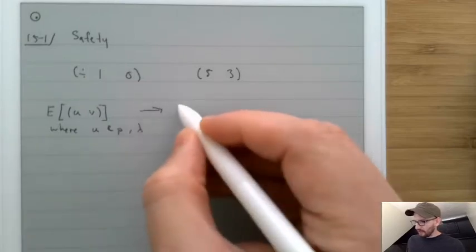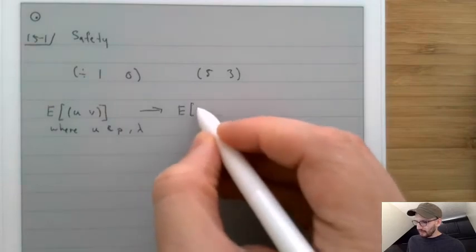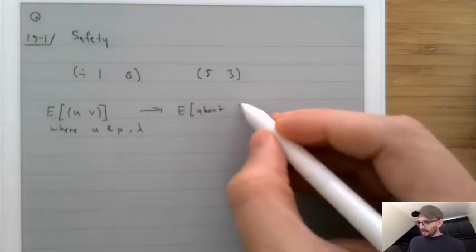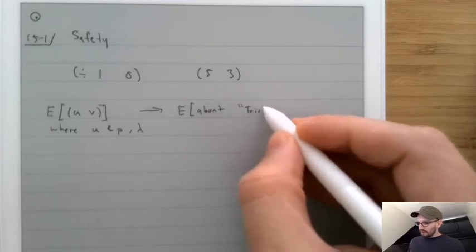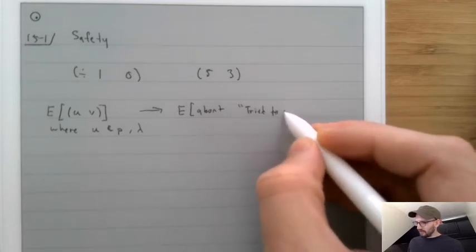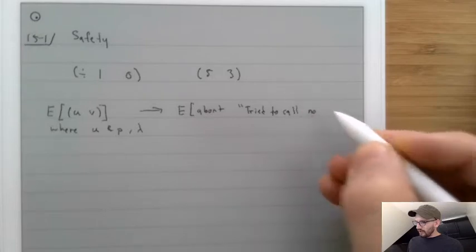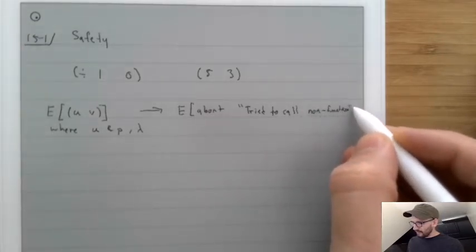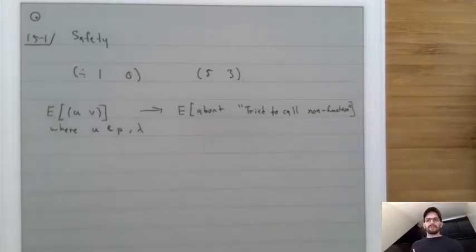Then we would go to E abort, and then we would write a message like "tried to call non-function."